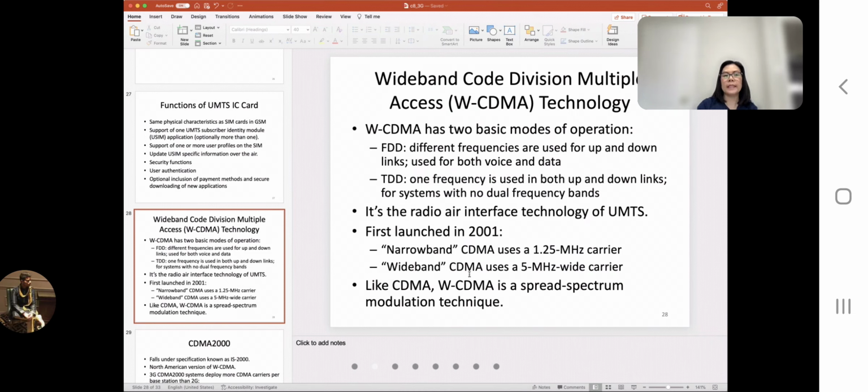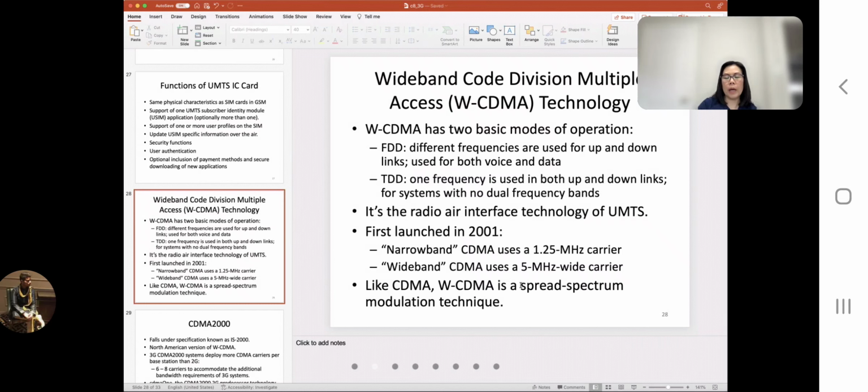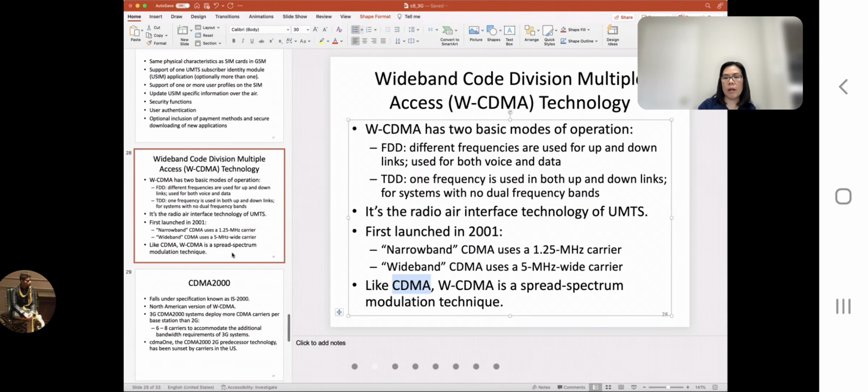And then the wideband CDMA in 3G is a 5 megahertz wide carrier, all right? And again, like CDMA, WCDMA is a spread spectrum modulation technique. Okay? We did not cover spread spectrum in this course, but we know how TDMA works. Wideband CDMA works on a similar concept. They're not exactly the same, but a similar concept.